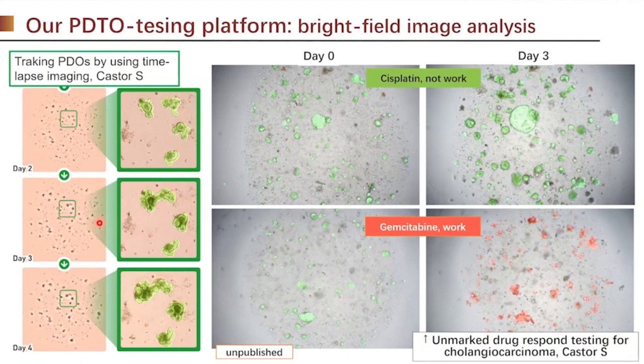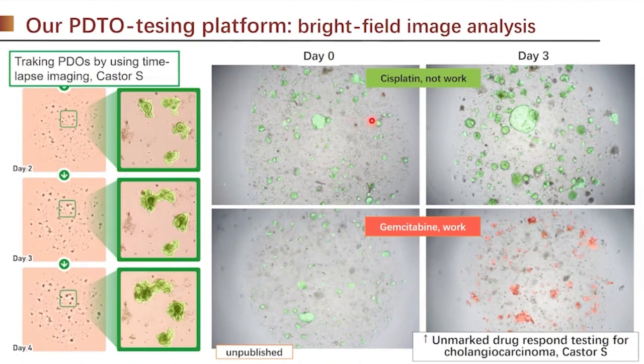In this slide, the left figure shows an example of AI tracking of intestinal organoids by time-lapse imaging, and the right figure presents an example of AI discriminating drug response based on bright field imaging.